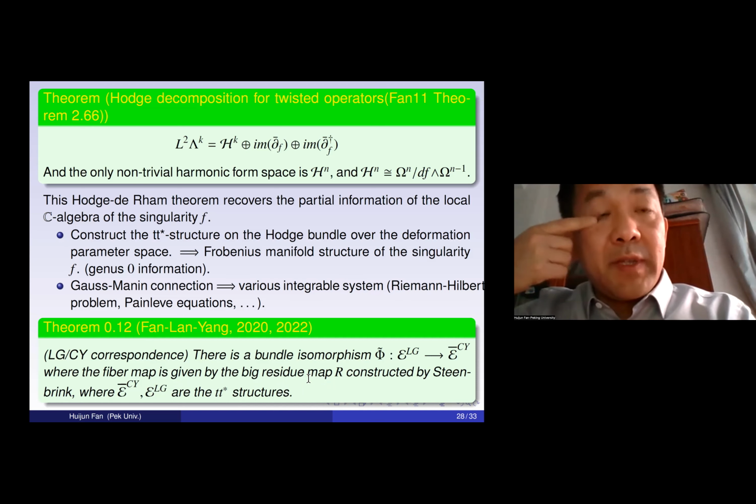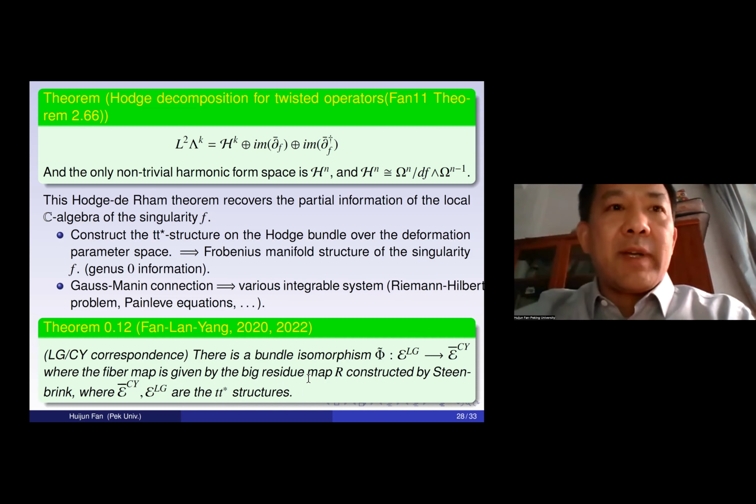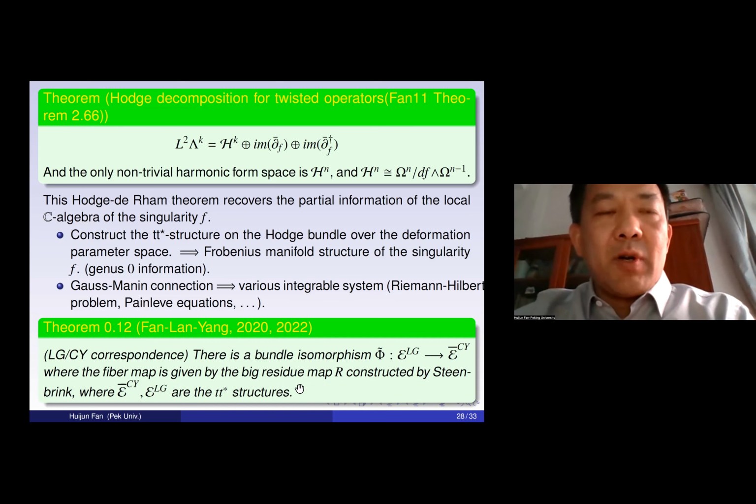The meaning of this theorem is that we can study the topological or geometrical information of Calabi-Yau hypersurfaces in terms of the LG model. But we know for the LG model, we can not only perturb it in a marginal way, but we can also perturb it in a relevant way. So that means the non-conformal information can decide the conformal information.